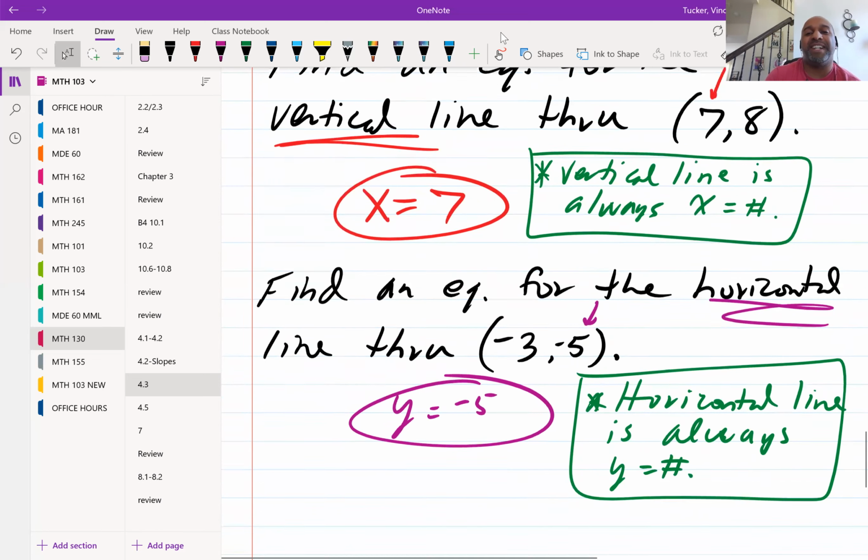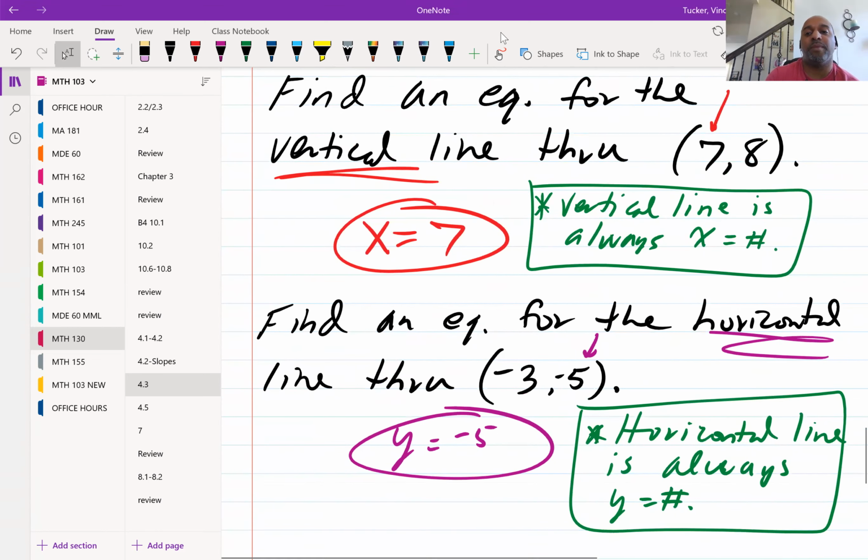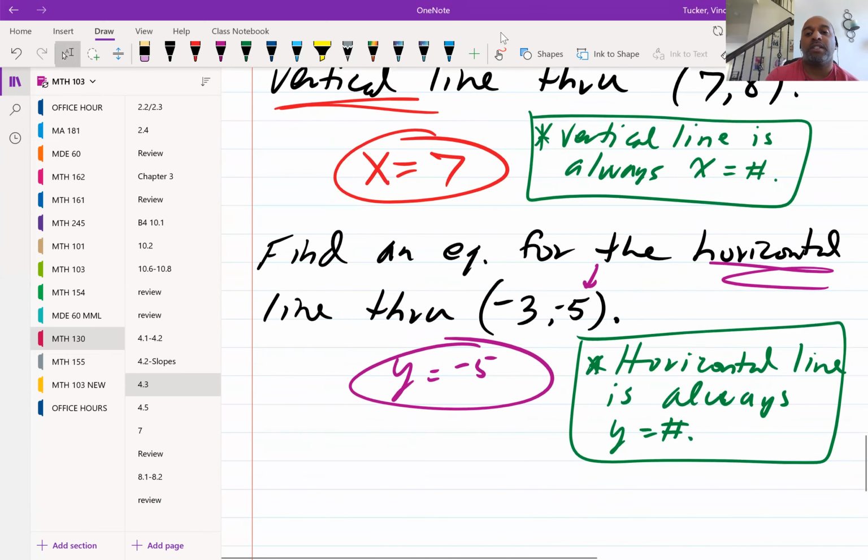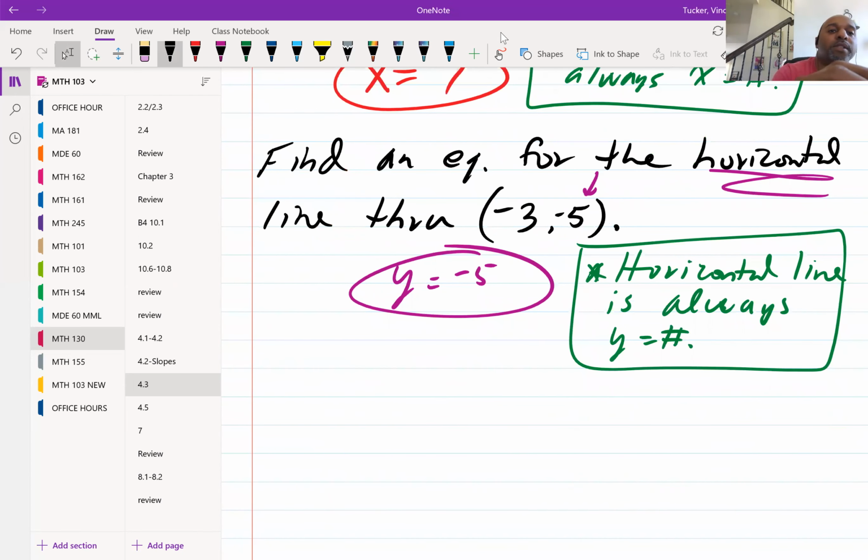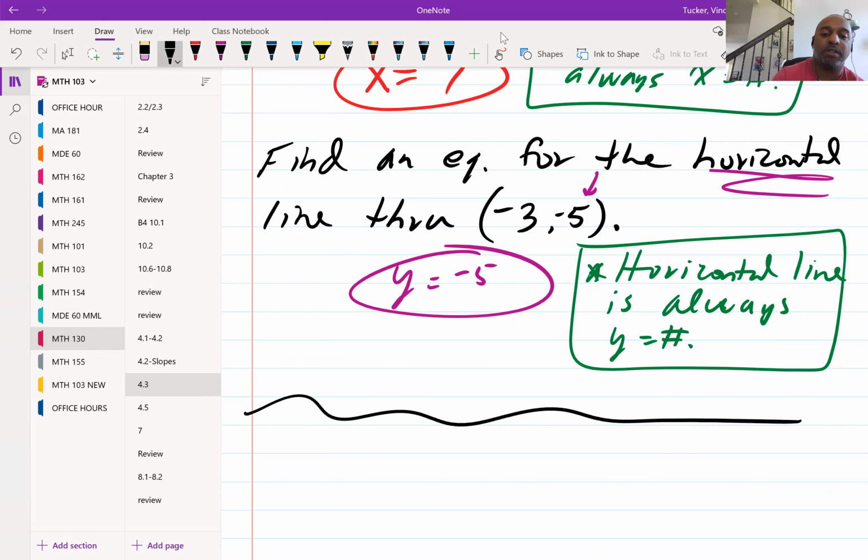All right. Anything else before we leave these two? Just want to make sure you're okay. Just looking at different problems you may see in this section. Let's see what else is in here.